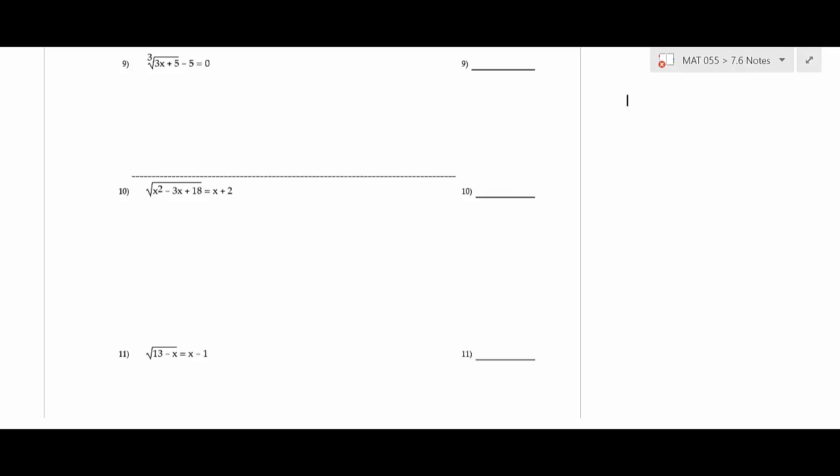Good. Okay, now since there's a second power, you need to get everything on one side. It doesn't matter what side. You can move everything from that side to that side. Okay, and then you'll kind of want to see what's left over on that. One of them didn't check.